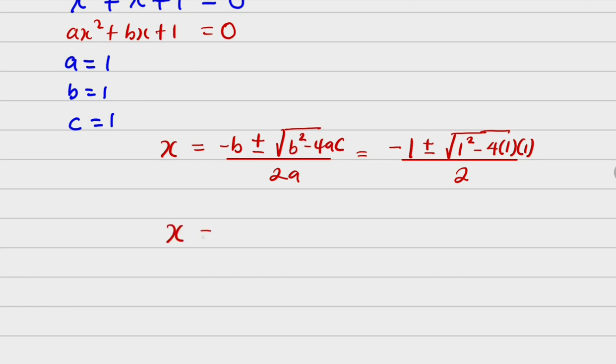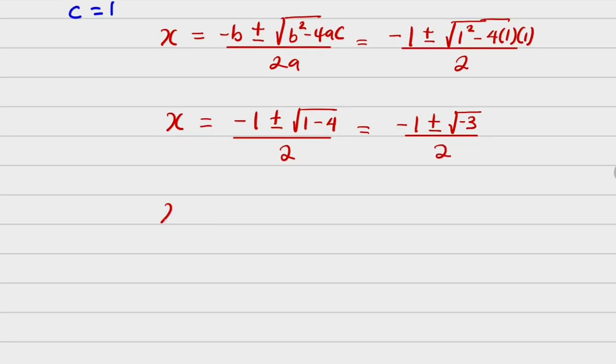Now my x will now be equals to minus 1 plus minus, I'm going to have root of 1, then I have minus 4, okay, all over 2. And of course, it's going to the complex plane already. This is minus 1 plus minus root of minus 3 all over 2.